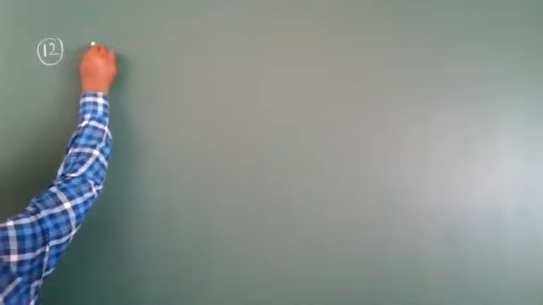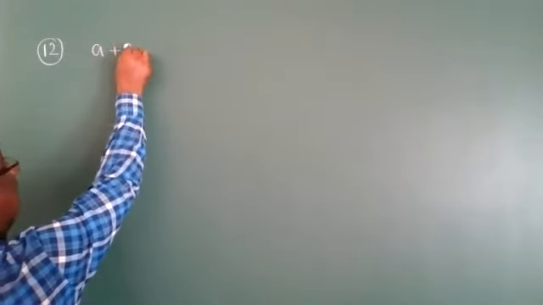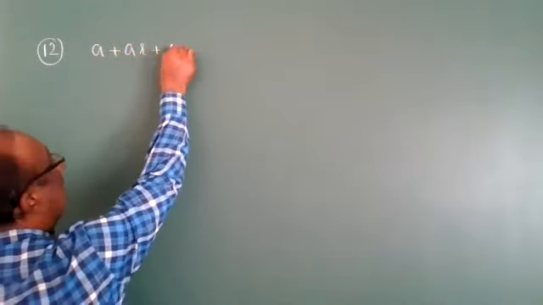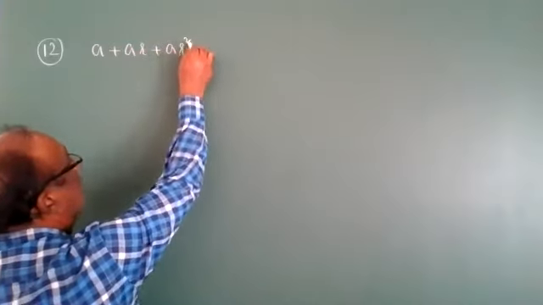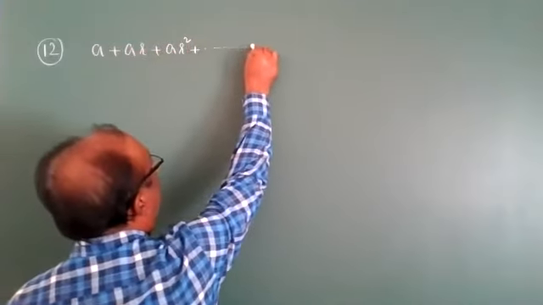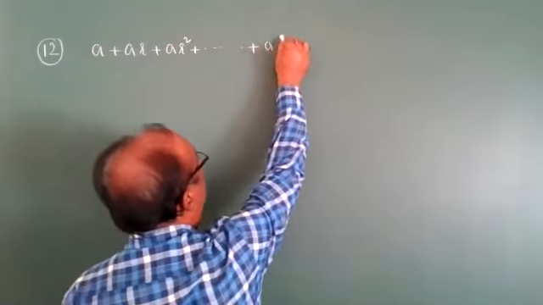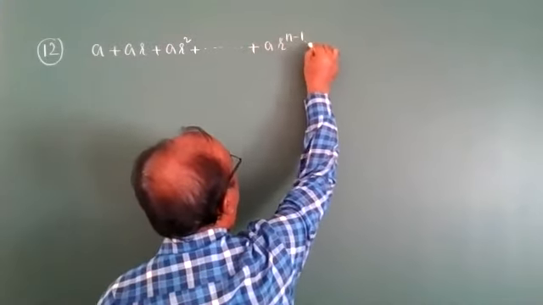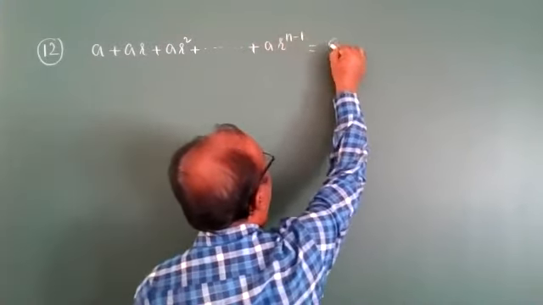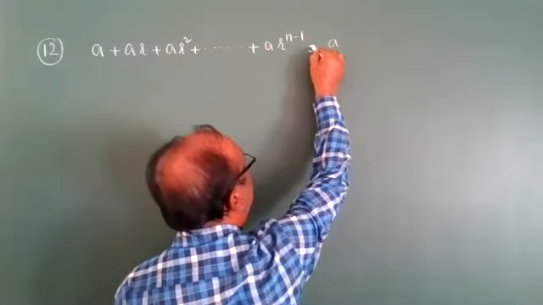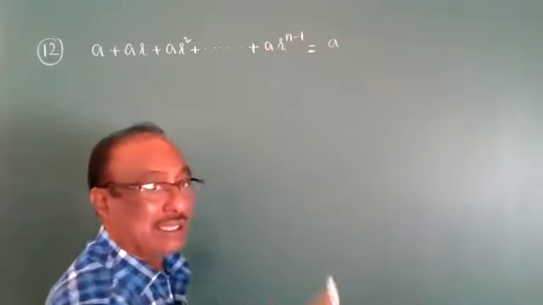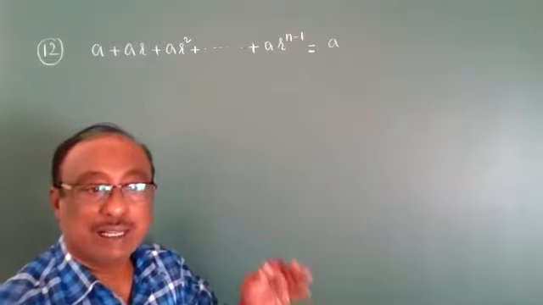A plus AR plus AR square plus dotted plus AR power of n minus 1 is equal to the right side, answer already given. That is correct. It is the sum of the n terms.